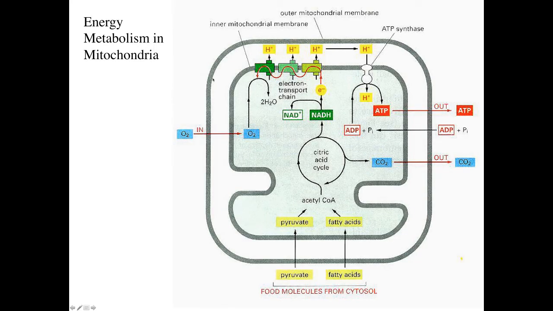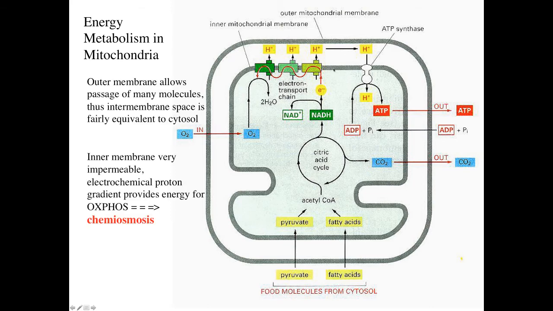This cartoon shows the outer mitochondrial membrane, the inner mitochondrial membrane, the mitochondrial matrix, diagrammatically showing the citric acid cycle, the space between the inner and outer membrane, and then some of the electron transport enzymes that you would have reviewed in biochemistry that are embedded in the inner mitochondrial membrane.